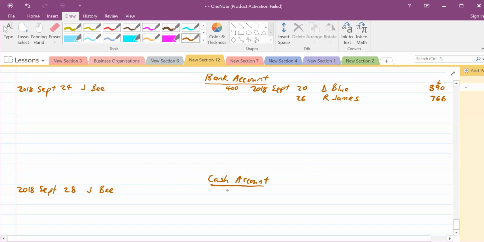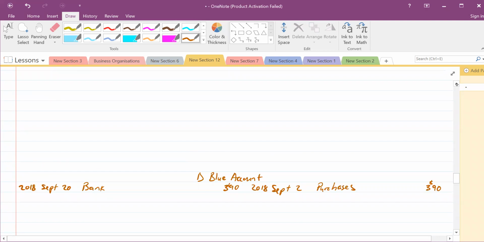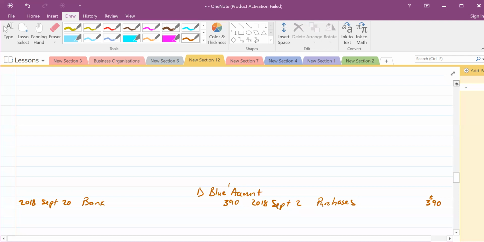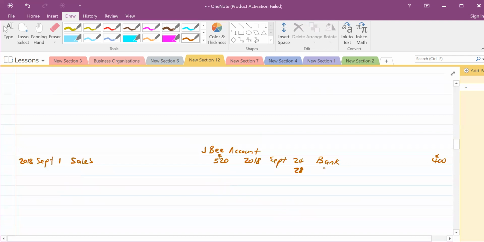Cash is increasing, so therefore we debit it as an asset. We go on to JB's account, who is a debtor, and when debtors are decreasing, they are credited according to the golden rules. We over there and we write the 28th, and then we say cash. That's the narration. It's coming from the cash account. How much? 80. Over there.